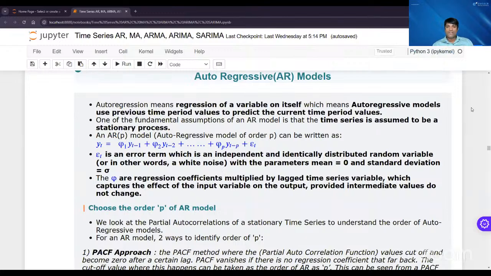So till now, what we have done is we just checked whether the data is stationary or not. If it is stationary, well and good. If it is not stationary, what should we do?